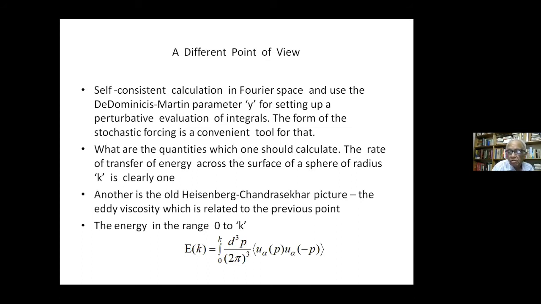So, all right, what are the quantities which one needs to focus on? The important issue which arose in the Kolmogorov expression was the rate of energy transfer across a wave number k. So if you imagine momentum space and the sphere of radius k, what is the rate at which the energy contained in that sphere is changing?